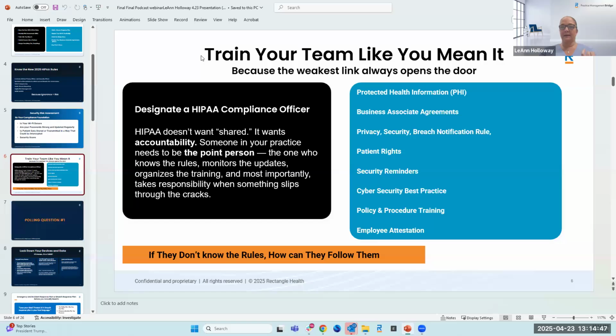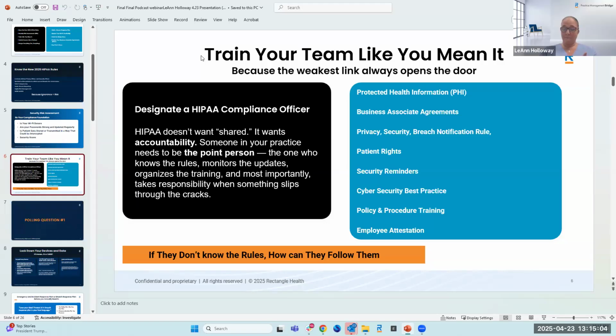Training is huge. However, HIPAA doesn't want shared responsibility. It wants accountability. Someone from your practice needs to be the point person, the one who knows the rules, monitors the updates, organizes the training, and most importantly, takes responsibility when something slips through the cracks.